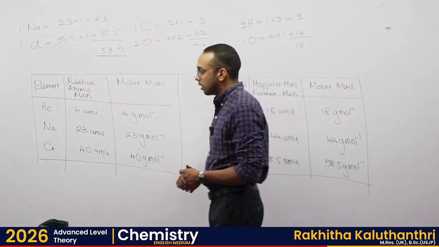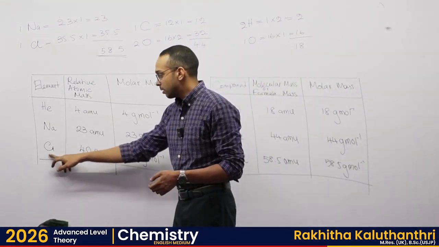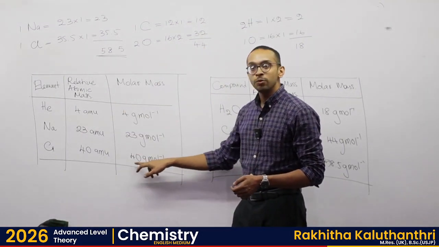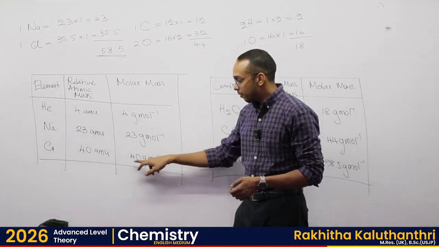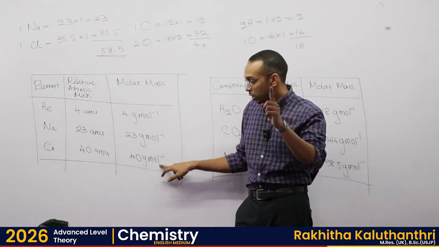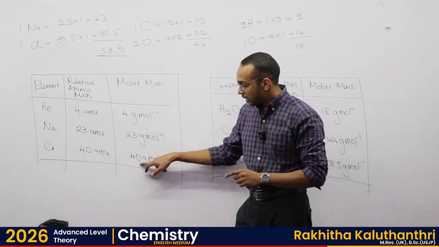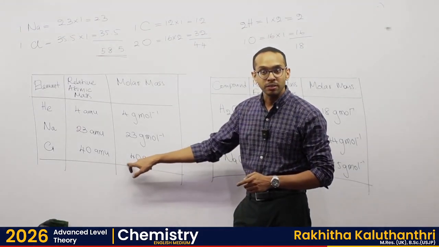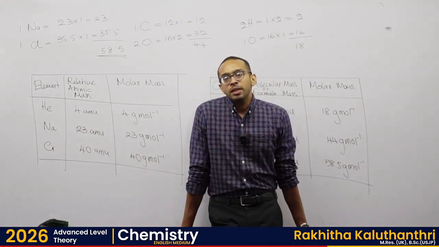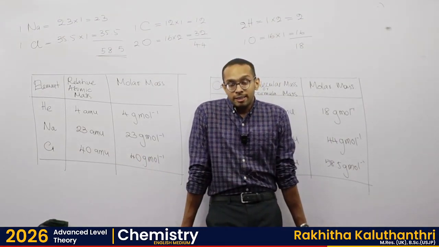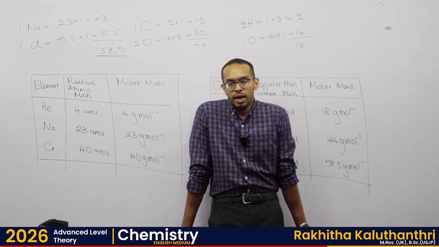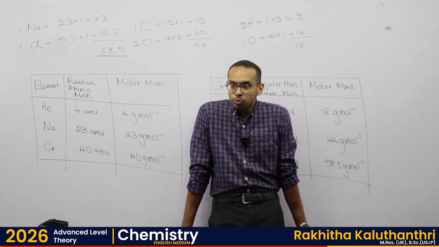We know 1 mole of calcium has a mass of how much? 40. That's why we say 40 grams per mole. A single mole of calcium has a mass of 40 grams. Clear? So if I say I have with me, let's say 80 grams of calcium, how many moles do I have with me? 2 moles.